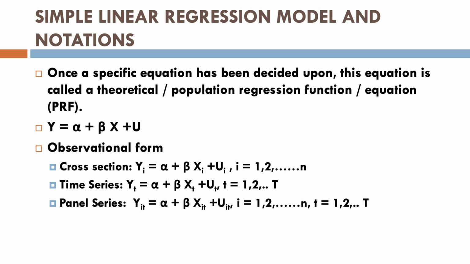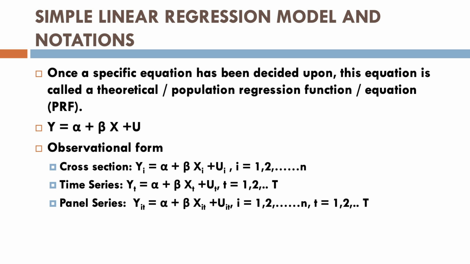As we stated, we will take the simplest of the regression models, here represented as y is equal to alpha plus beta x plus u. This equation is both simple and also linear, and so it is called the simple linear regression model.